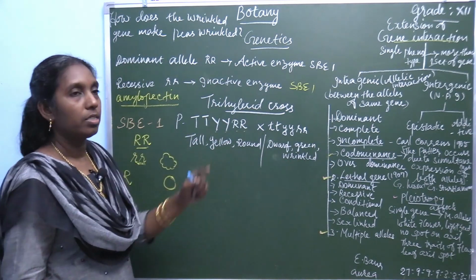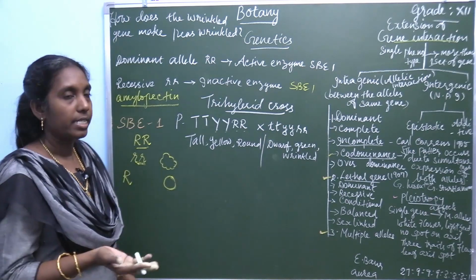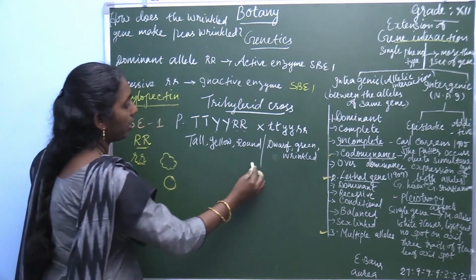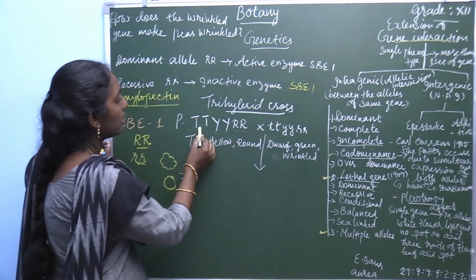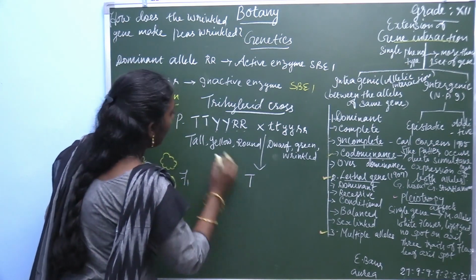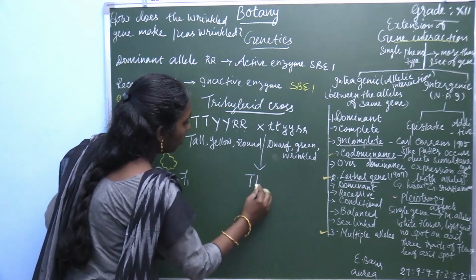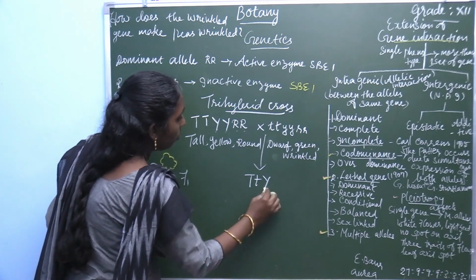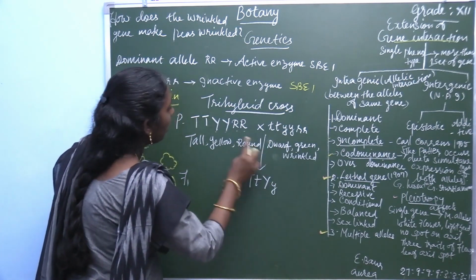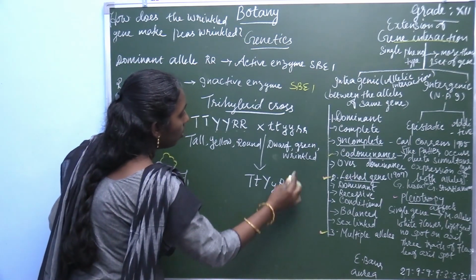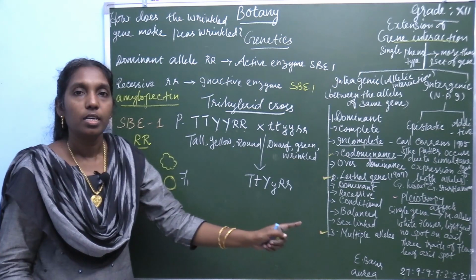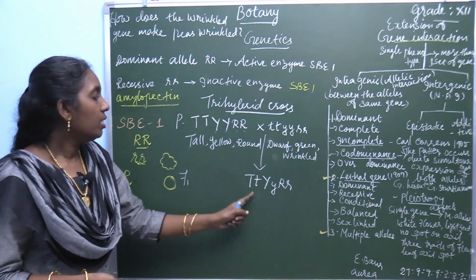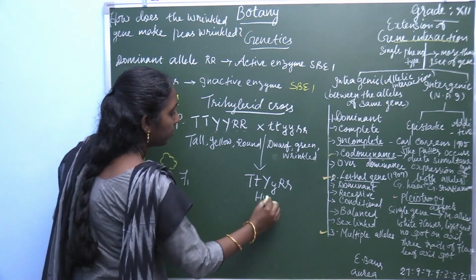In a trihybrid cross, three contrasting pairs of characters are taken. In the F1 generation, it produces capital T small t, capital Y small y, and capital R small r. So F1 is self-crossed. Now this is a hybrid.